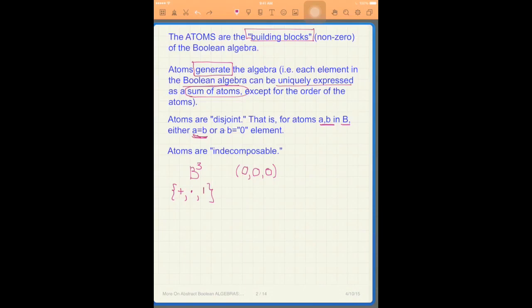So let me write out all the elements that would be in this set. I'm trying to write this out as a Gray code, which we'll be talking about later, where I change just one entry at a time.